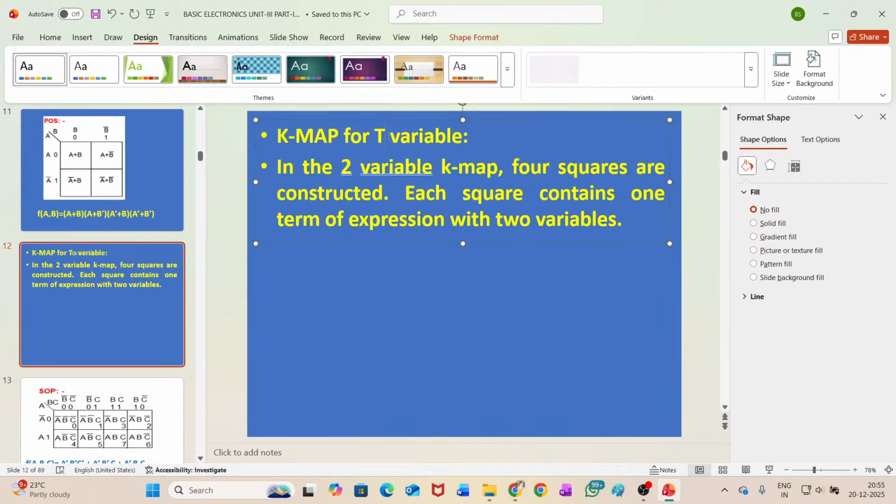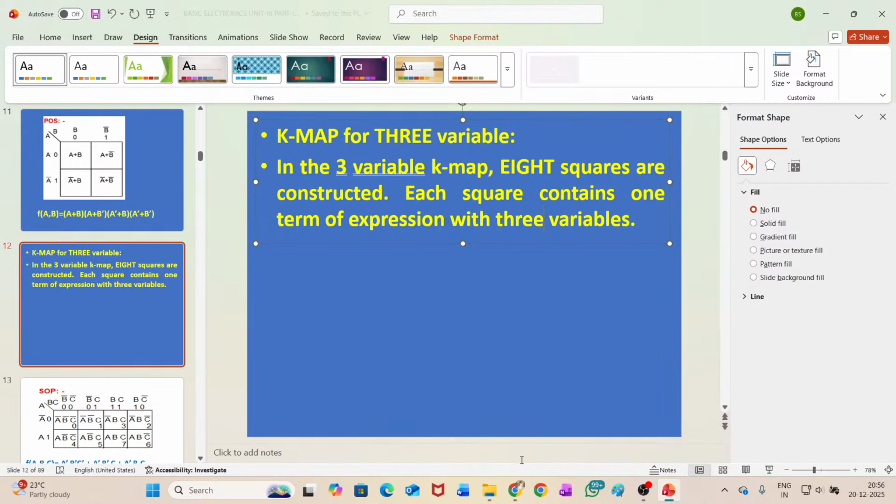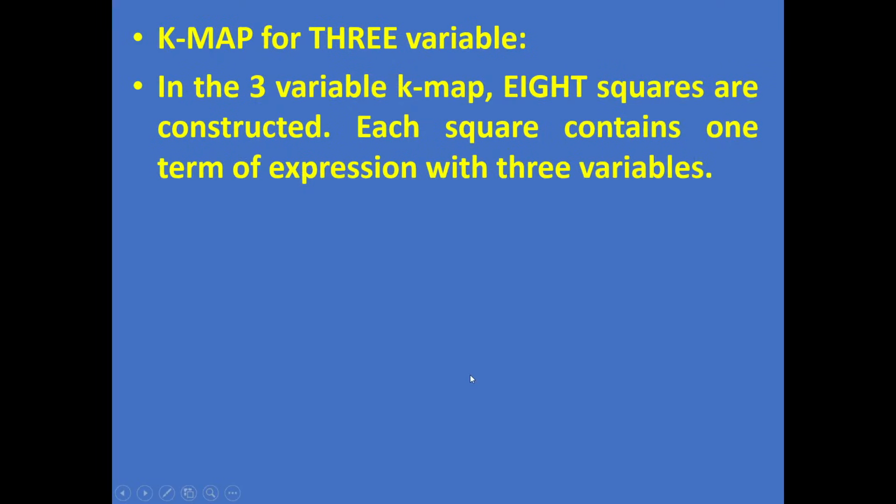This is three. Okay. So K-map with three variable system will have 8 squares, and each square will have one term with three variables. Now let us see how.